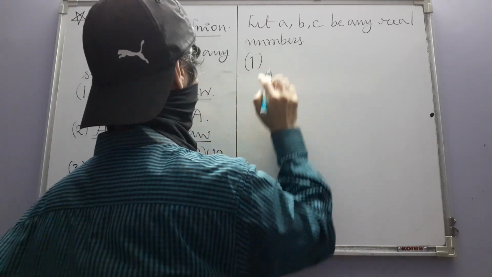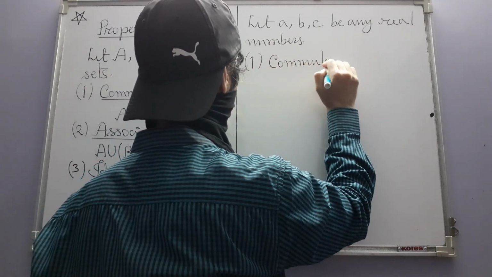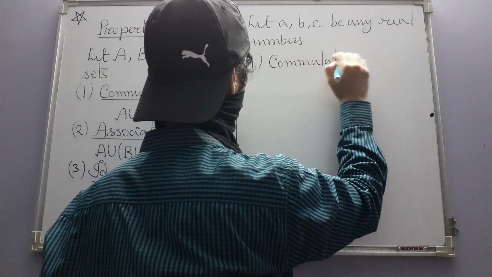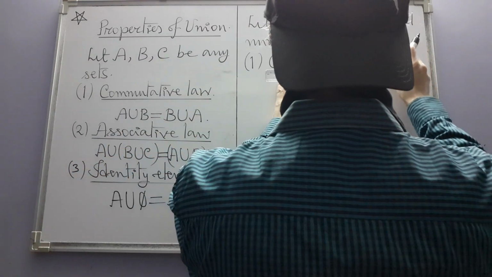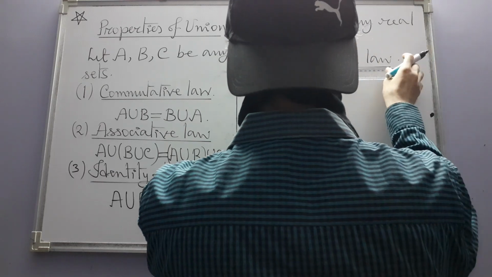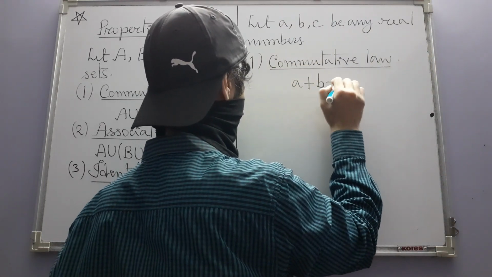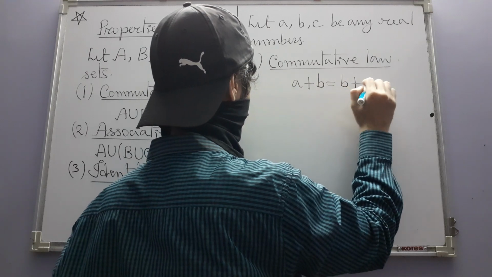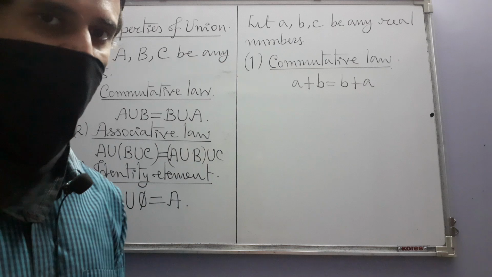They also have the same name. Commutative law. When we add two numbers, the order does not matter. So this is commutative law which pertains to addition of numbers.